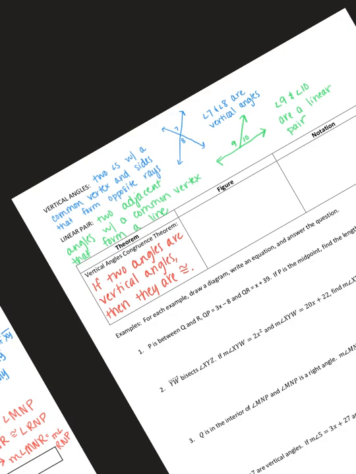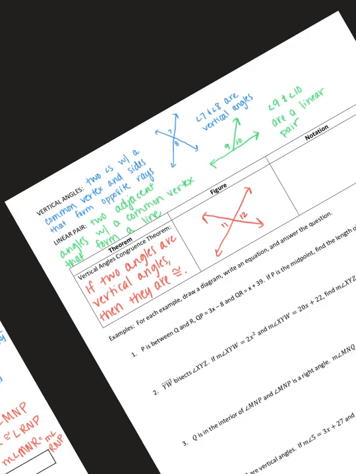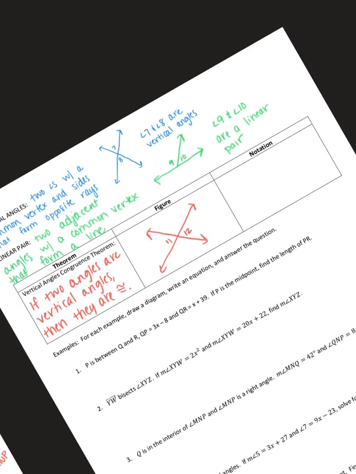Okay, so that's the theorem. And so what that might look like, again, we'll give another example of vertical angles. And we could say that angle 11 and 12 are vertical angles. And then if we're given a picture like that in the figure, we can say that angle 11 and angle 12 are vertical angles.